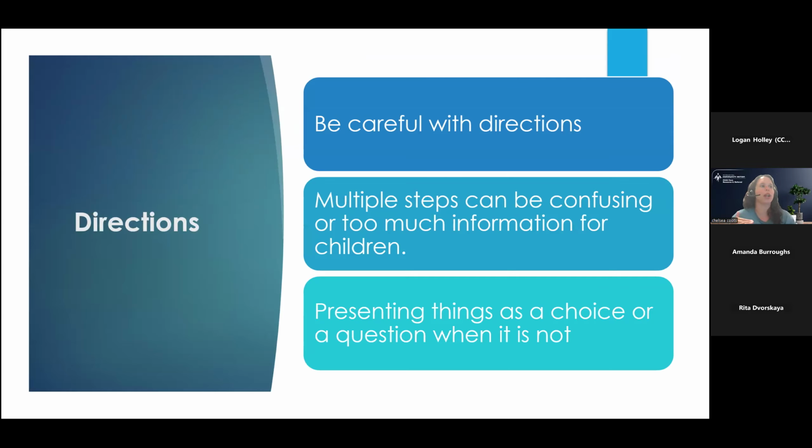All right, so directions. Be careful with directions. Multiple steps can be confusing or too much information for children. That's really when we bring in the first and then, and presented things as a choice or a question when it is not. It's different for each child. Meaning for what?